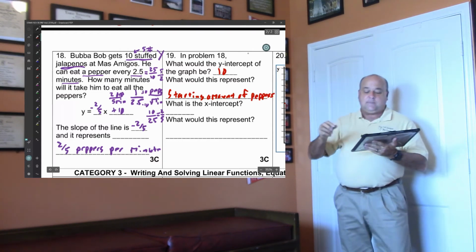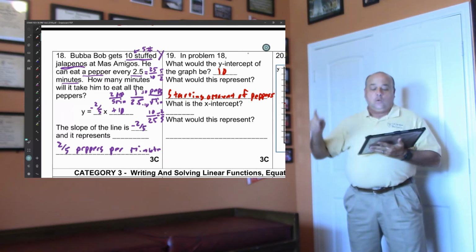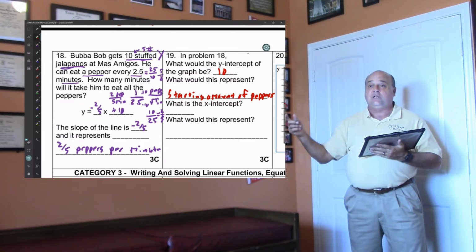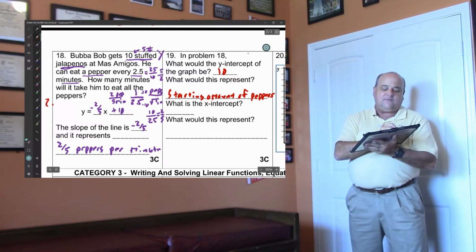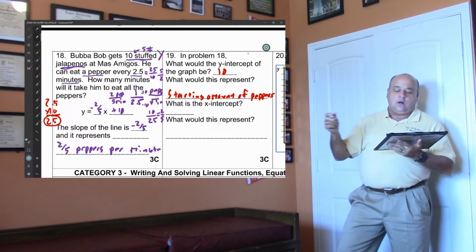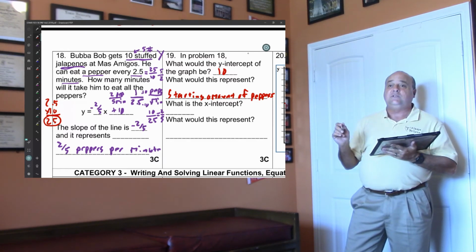The x-intercept, how much time would I take to run out of peppers? So he can eat a pepper every 2.5 minutes. He has 10 peppers, doesn't he? So if you do 2.5 times 10, you would get 25, wouldn't you? So in 25 minutes, he would eat all those peppers. And if I put 25 in for that x, I would end up with 0.